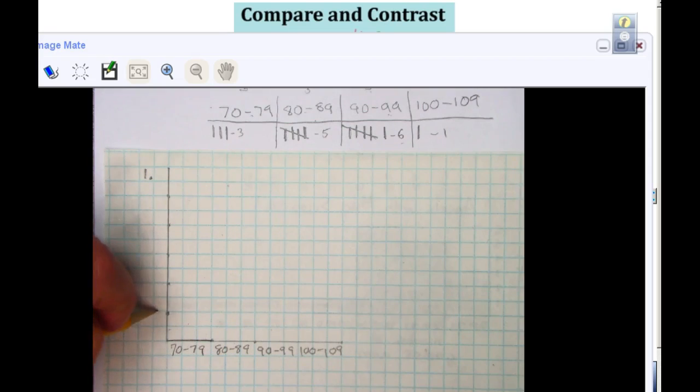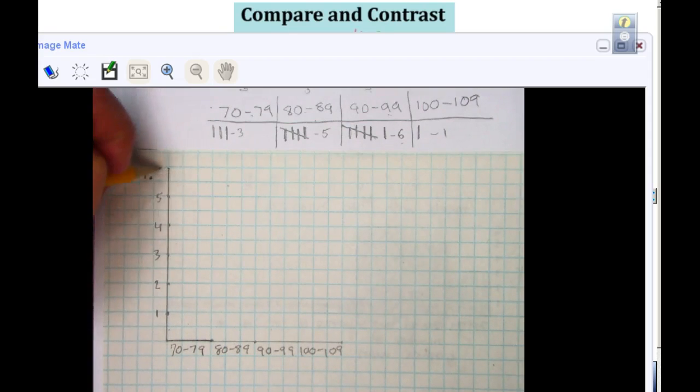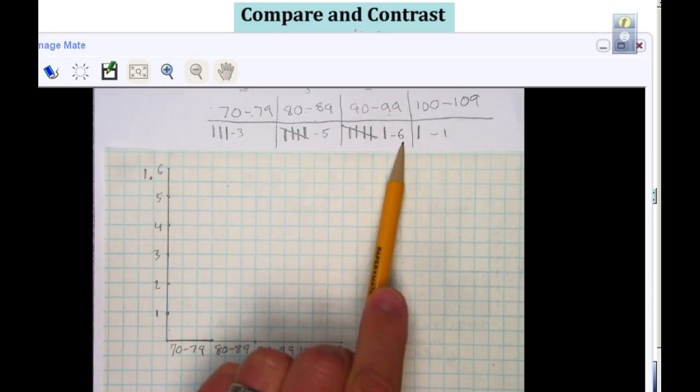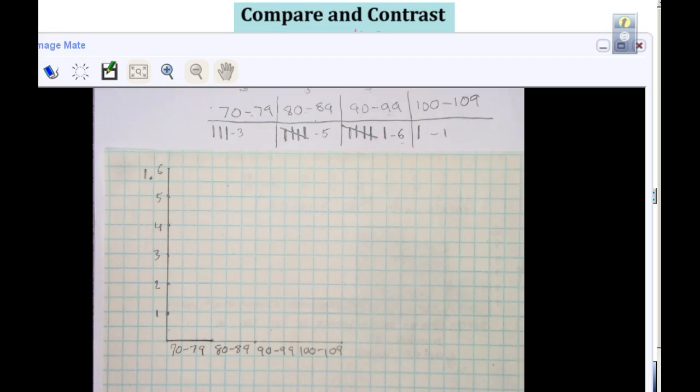And we have 1, 2, 3, 4, 5, 6. Again, I knew to stop at 6 because that was my highest count. So you're looking kind of like a min and a max. You're looking at what's the highest and what's the lowest, so I know how high I need to count up to in both directions. Give you a second to get that all jotted down.